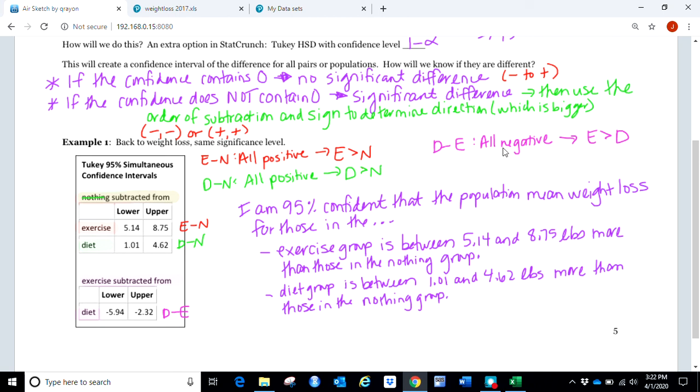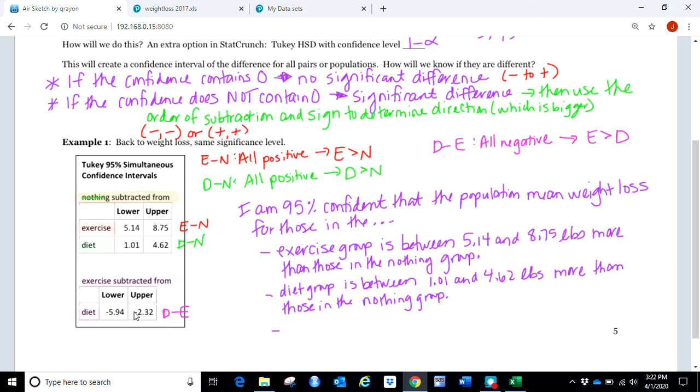Finally, our third interval, this time though it was all negative, but all the negative told me was that you lost more weight by exercising than by dieting. So now that I've taken into account what negative means, I can really pretend that these numbers are positive, and that's how I'm going to want to interpret them.